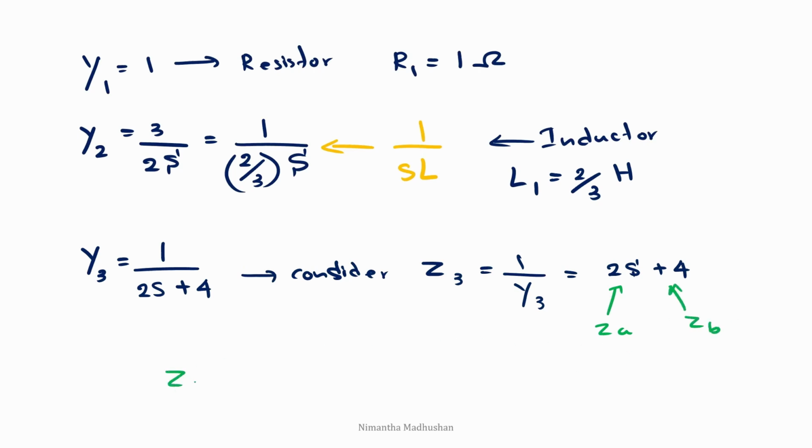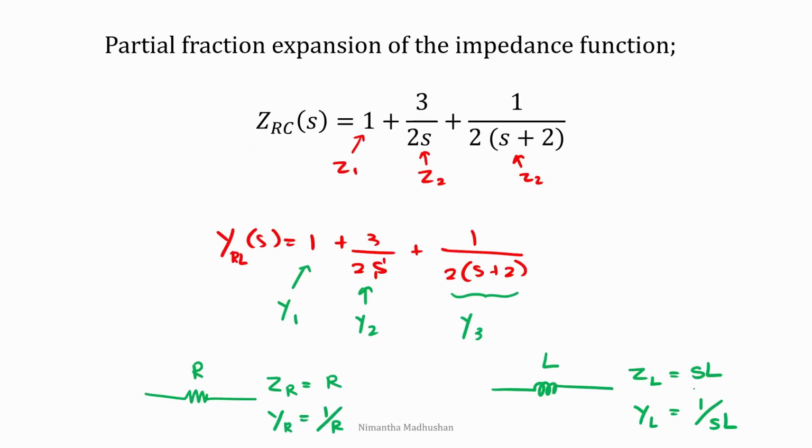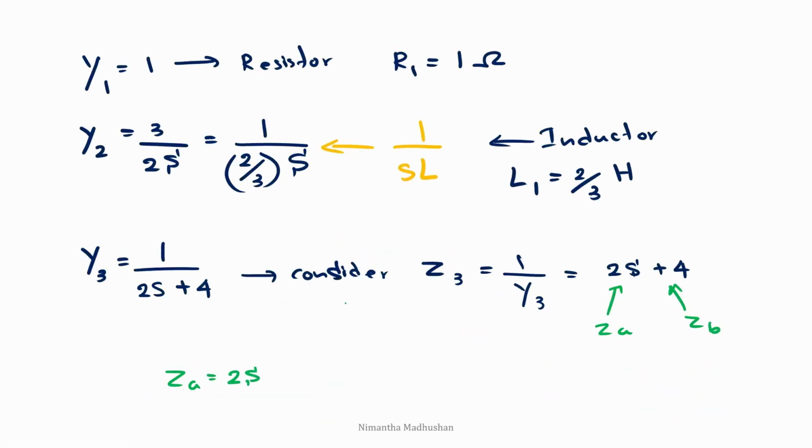If we consider ZA, you can see there is an S term, 2S. If we check the impedance value of an inductor, you can see it is the representation of SL. The inductor value L2 is equal to 2 Henry. Then I consider ZB.